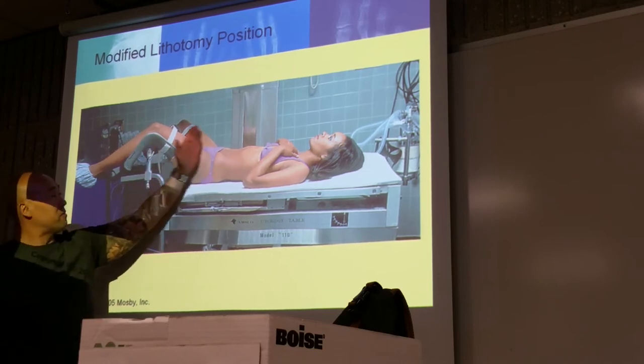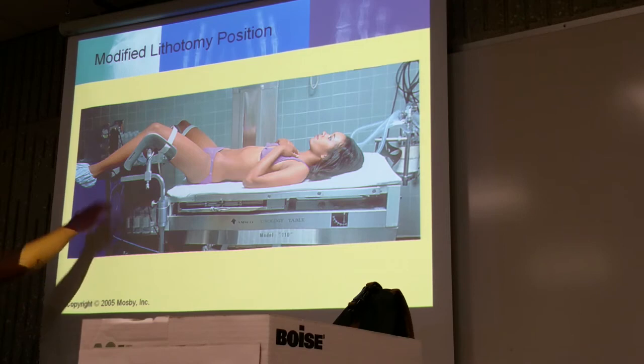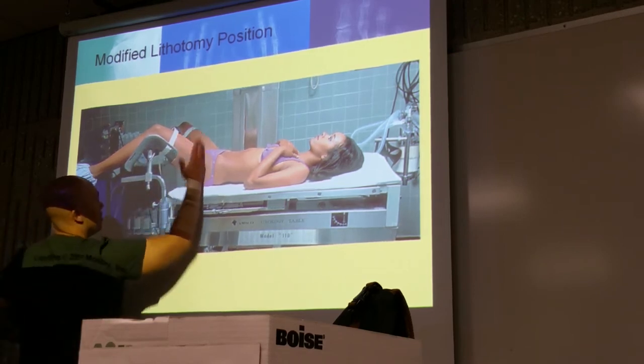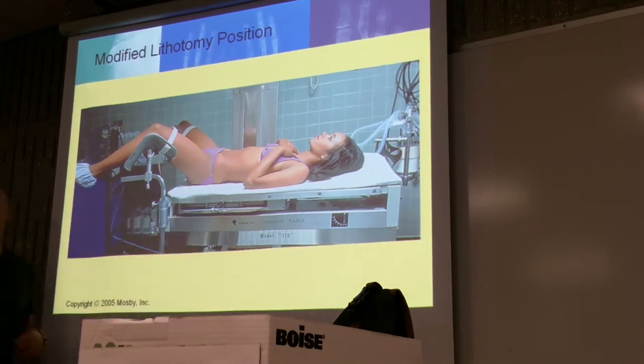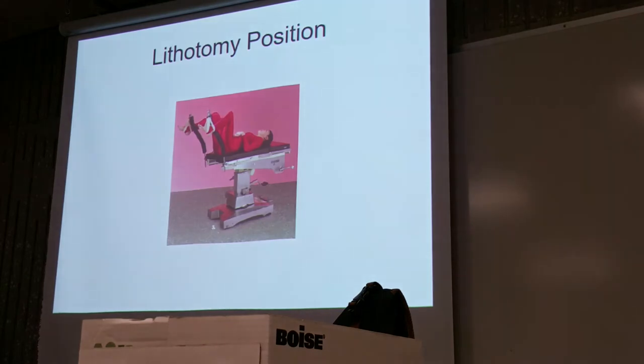So your knees are going to be pushed up over here, like when you're delivering a baby. That's your lithotomy position. Modified, the legs are a little bit more relaxed. True lithotomy, your knees are going to be up here. Oh, there we go. Like that.